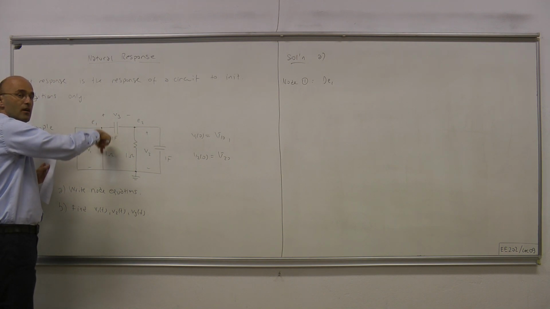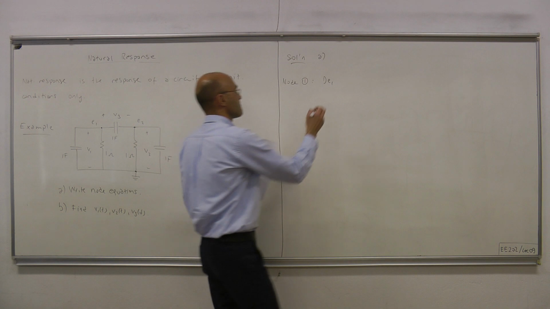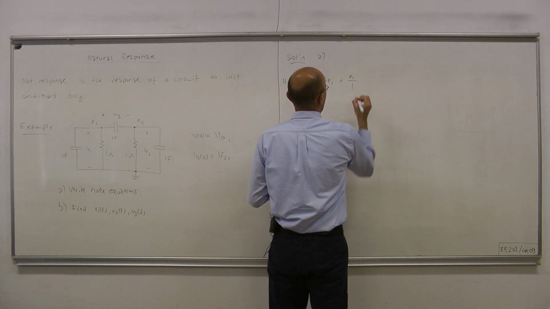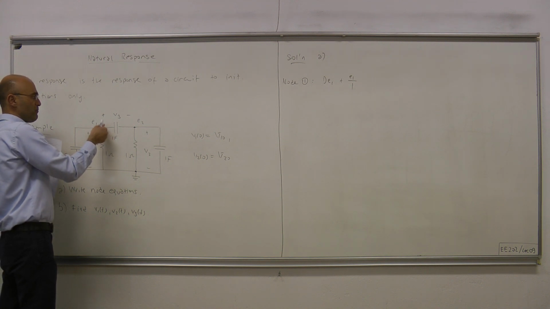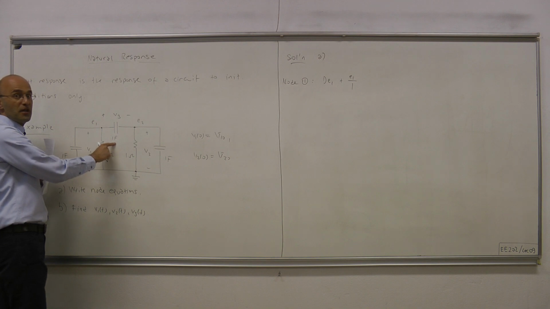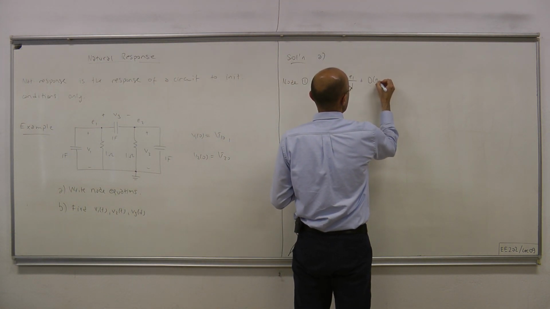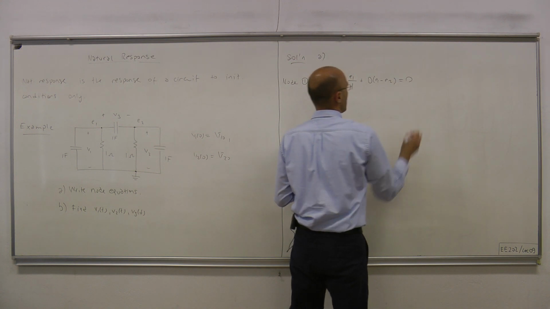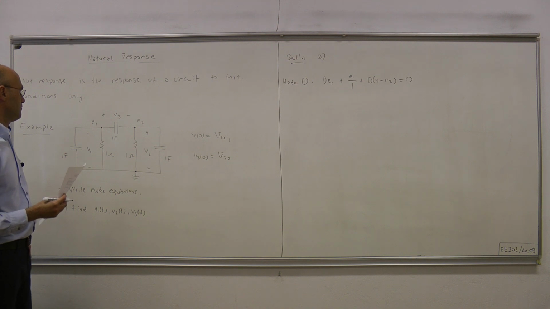And then we have this E1 over the resistance, which is 1, and finally we have C3 dV3, this current. V3 is E1 minus E2 and C3 is 1, therefore we're talking about d(E1 minus E2), and that by KCL should equal 0.